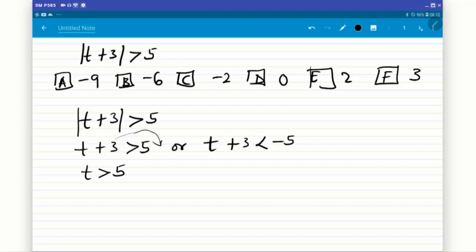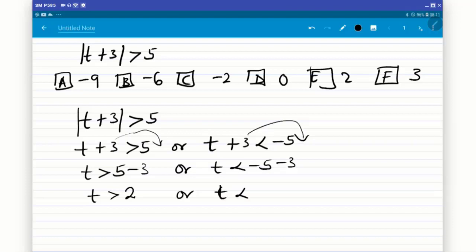That means t is greater than 2. Or we have t plus 3 less than minus 5. This comes to this side, we have minus 3. That means t is less than minus 8. So our t is greater than 2 or less than minus 8. So remember that, combining them. So check your options here.